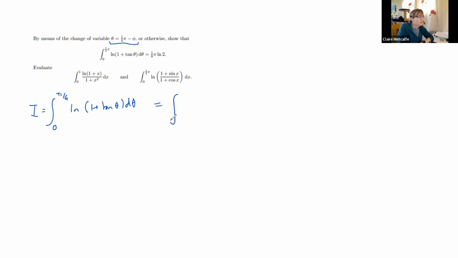Using the change of variable, when theta equals 0, we need phi to equal pi by 4. And when theta equals pi by 4, we need phi to be 0. So we've got that. Tan of pi by 4 minus phi.